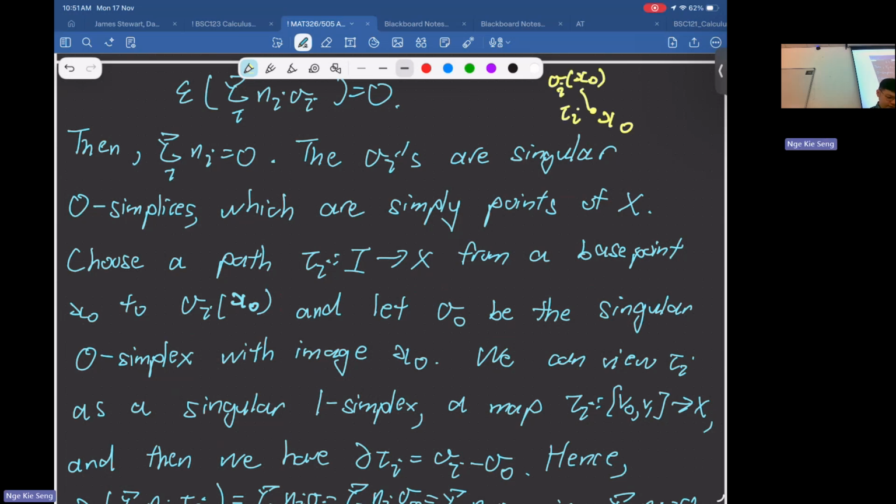So this is tau_i. Imagine the picture: it's like a spider web. Make sense? Then this tau_i will be a singular one simplex.